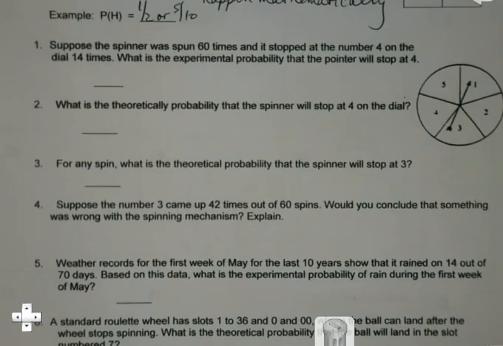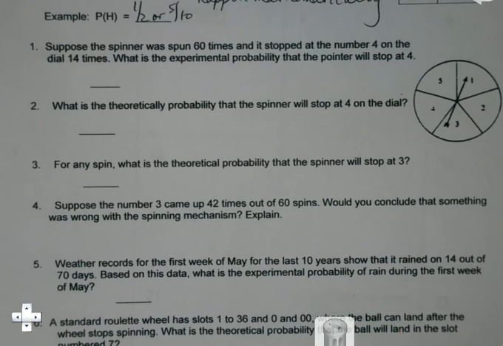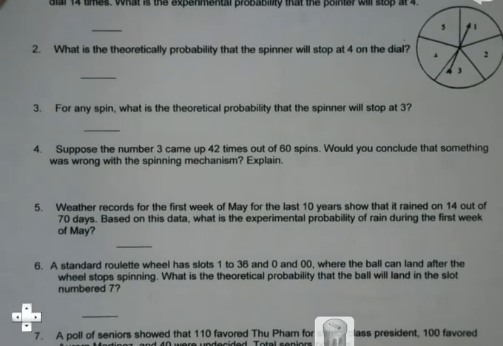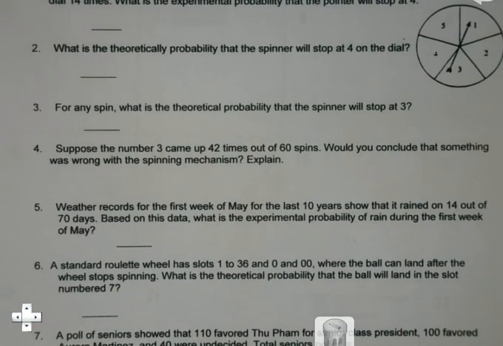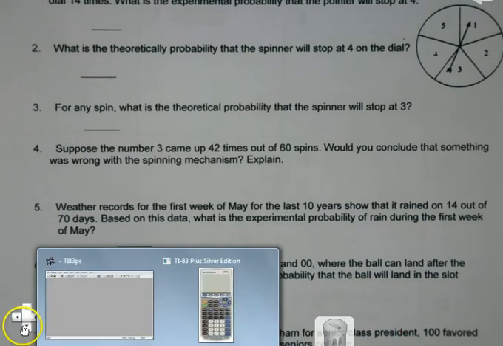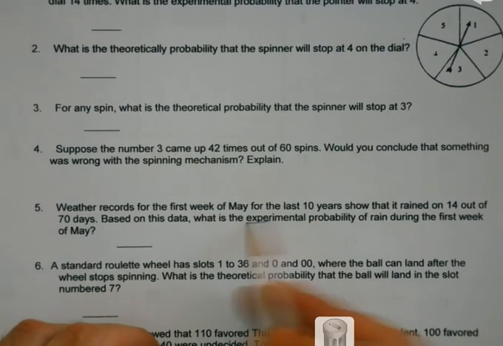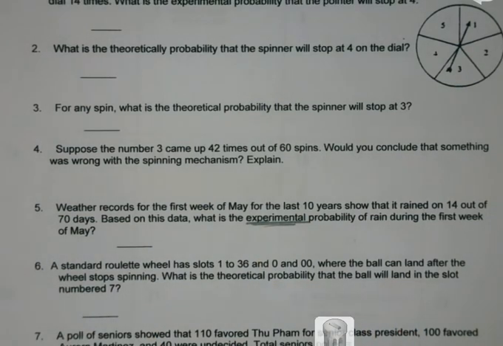If we're looking back at some of these, because these will show up again, I'm going to jump down to 5, because that's one we hadn't talked about on Friday. Weather records for the first week of May in the last 10 years show that it rained on 14 out of 70 days. Based on this data, what's the experimental? Experimental means I'm not just going with the odds.